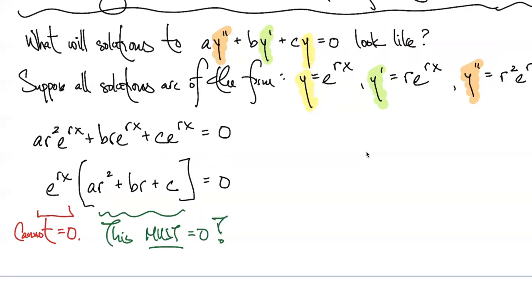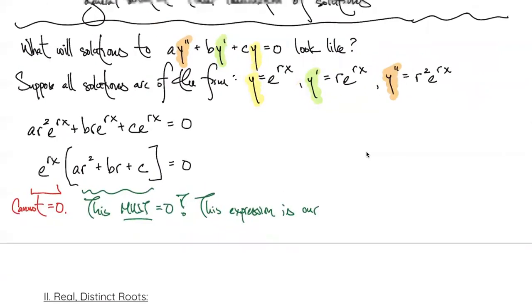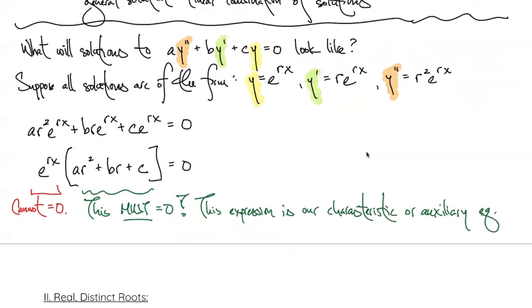And this thing that must equal 0, this expression, is our characteristic or auxiliary equation. So I sort of snuck a little bit of a proof in there for you.